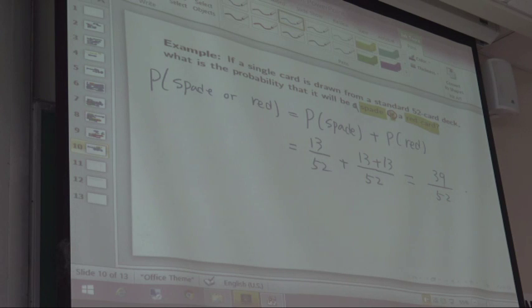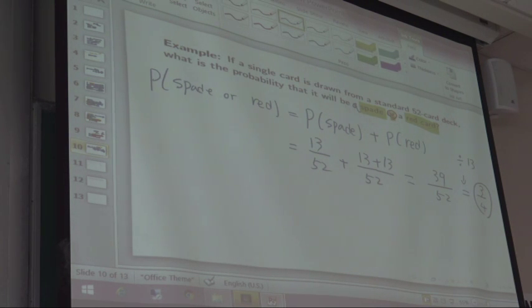And we can simplify this. If we simplify by dividing by 13, then we have 3 over 4. What is the leftover from this probability?